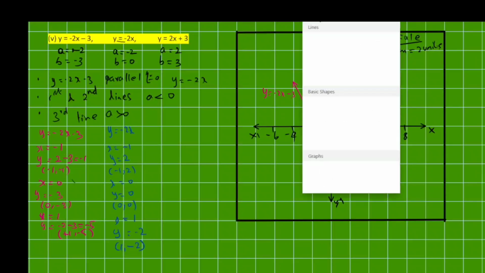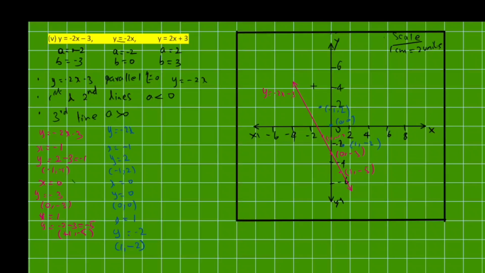Let's join. This is the graph of line y is equal to minus 2x. So the two lines are parallel to each other.